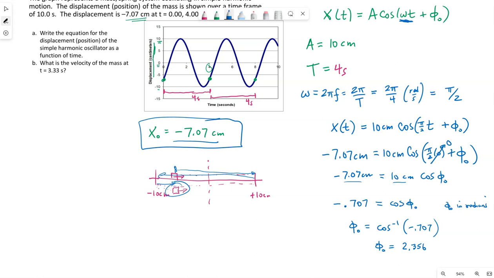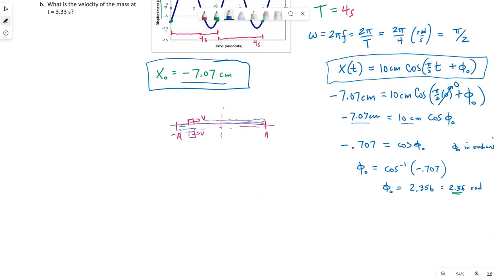We have 3, so I'm getting 2.36 radians for my phi naught. So we have to decide when we plug this back into our equation whether we have plus or minus this value.